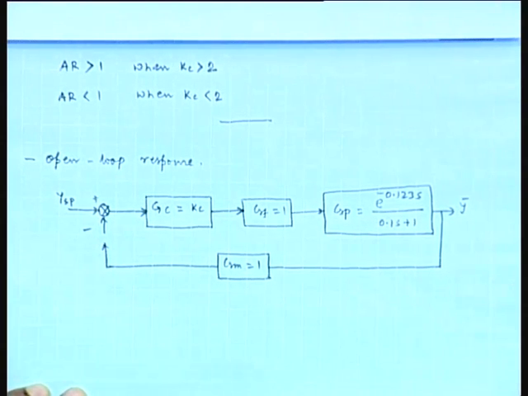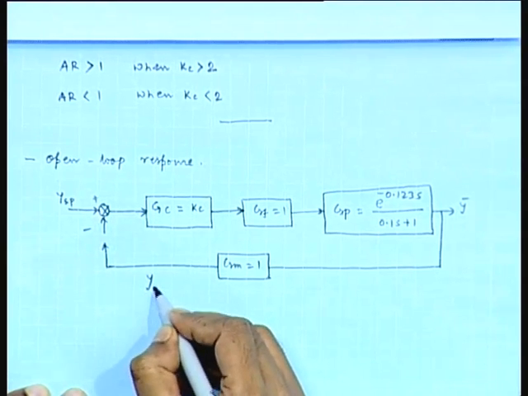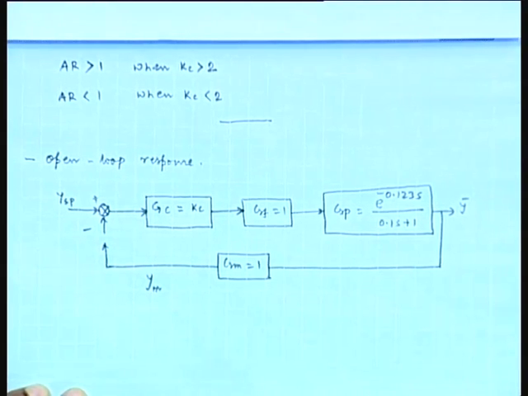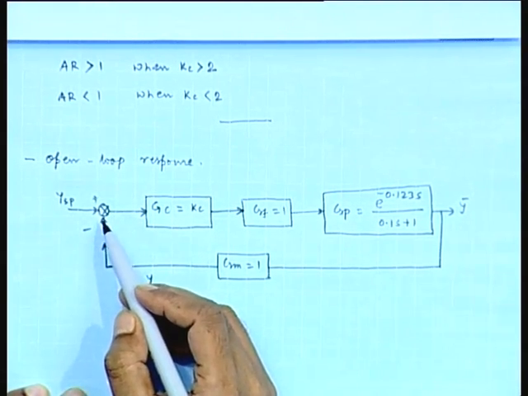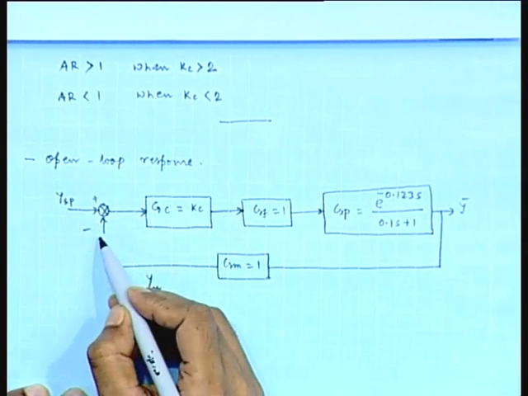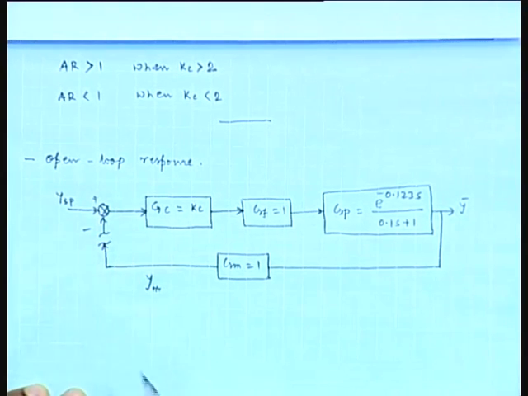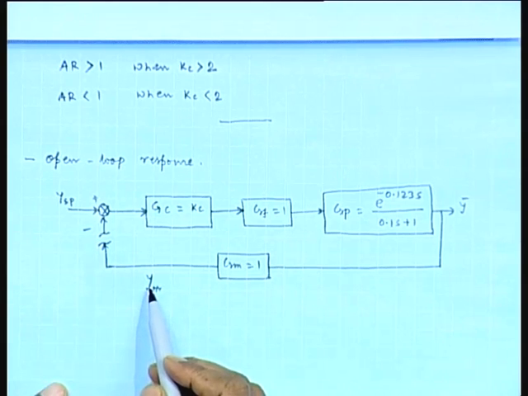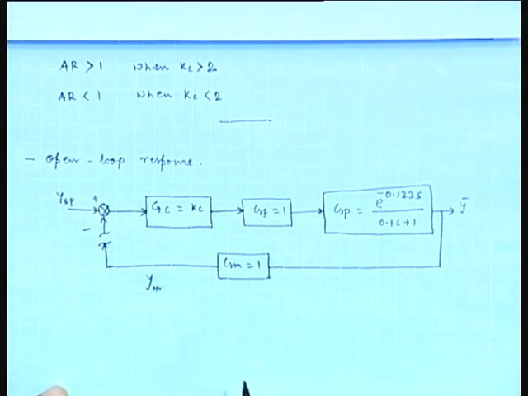Now, we are disconnecting the measurement signal from this comparator. Then we can say that this is open loop. We wish to know the open loop response by disconnecting the measurement signal from this comparator.